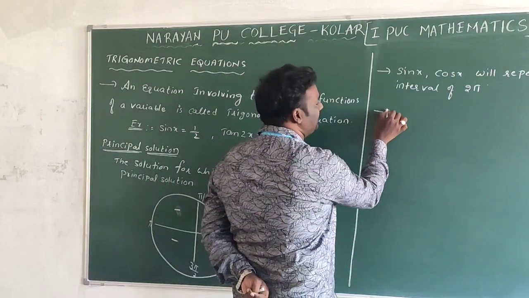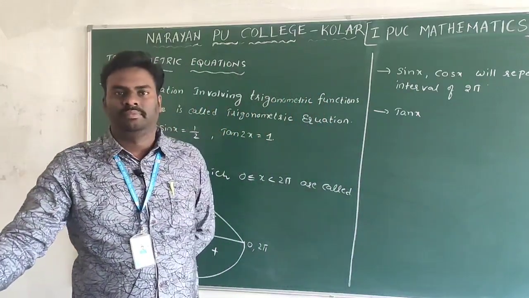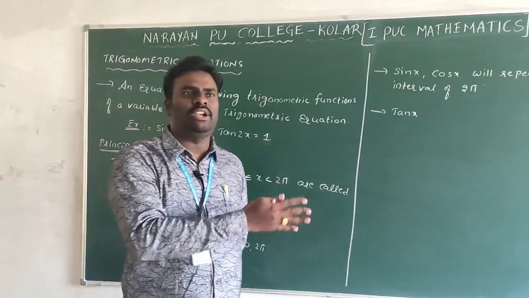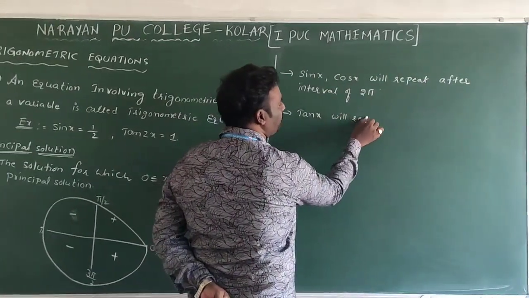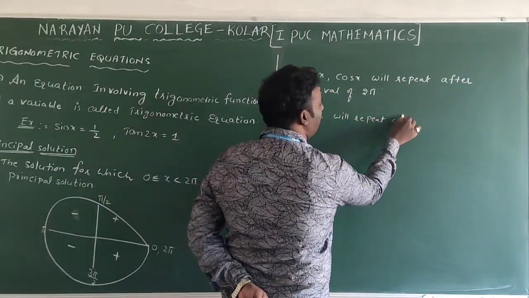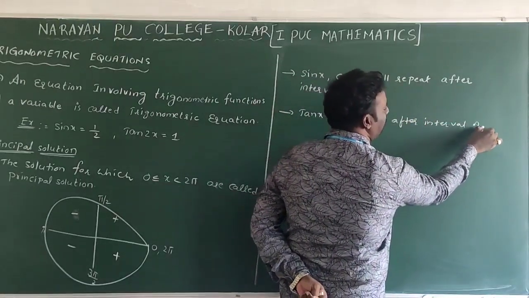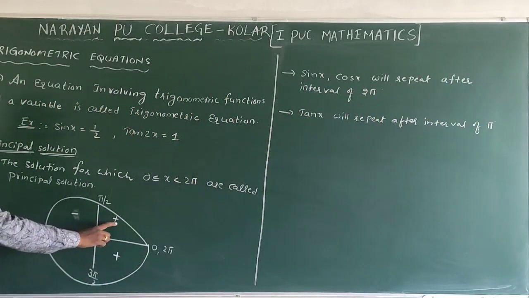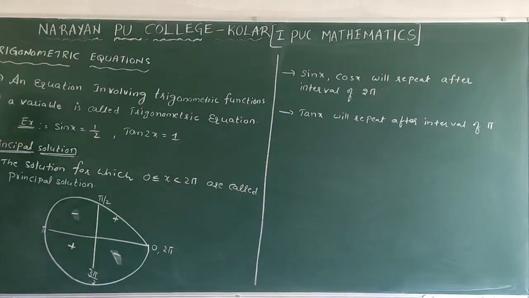Similarly, I am writing here the third function. I am not explaining about secant, cosecant, cot. If you know sin, cos and tan, and take the reciprocal, you will get secant, cosecant and cot. So the tan x function will repeat after an interval of not 2 pi, but pi. Why? Because tan is positive in the first quadrant, negative in the second quadrant, again positive in the third quadrant, and negative in the fourth quadrant.